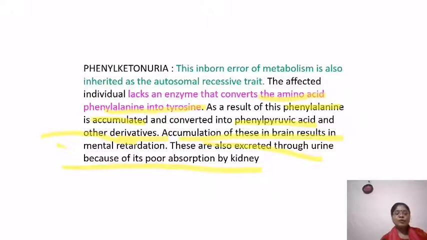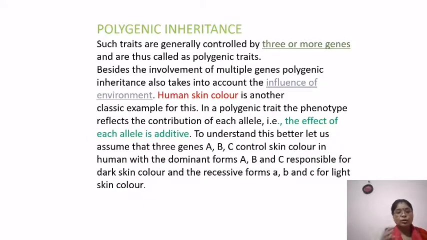So that's why we see its multiple effects, and such genes are called what? Pleiotropic genes. Now the last one which is dealt with in your book is polygenic inheritance. One of the classical examples of polygenic, where polygenic means what? Many genes. They are non-allelic.